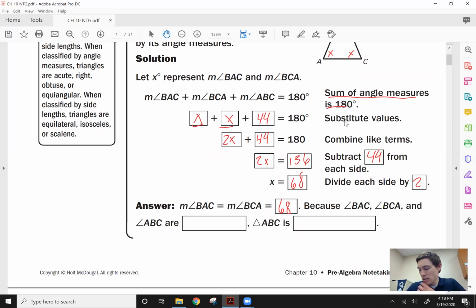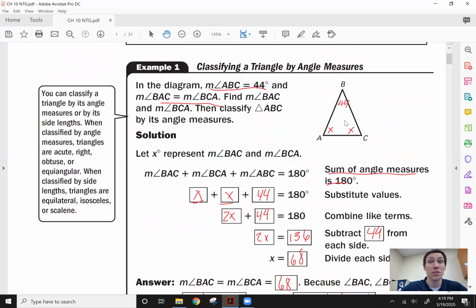So by definition, these are what are called acute. So remember from before, triangle ABC is an acute triangle. Acute, I think cute. Cute, small, means less than 90.